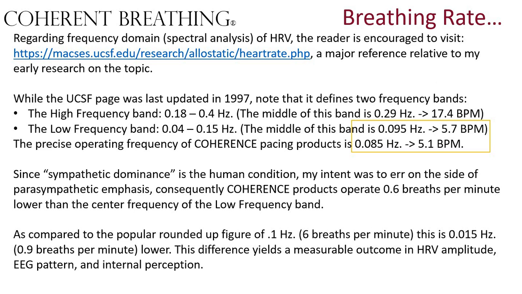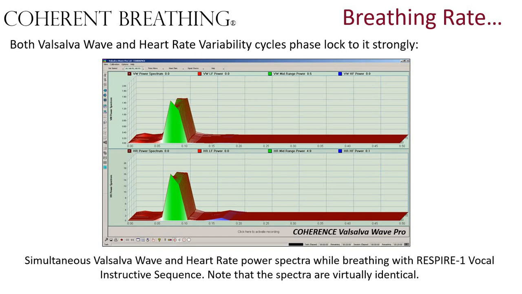A last word about breathing frequency. Here is a graph from Valsalva Wave Pro that presents the Valsalva Wave power spectrum over time in the upper panel, and the heart rate power spectrum over time in the lower panel.